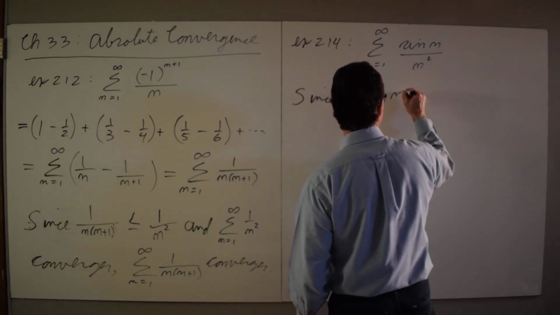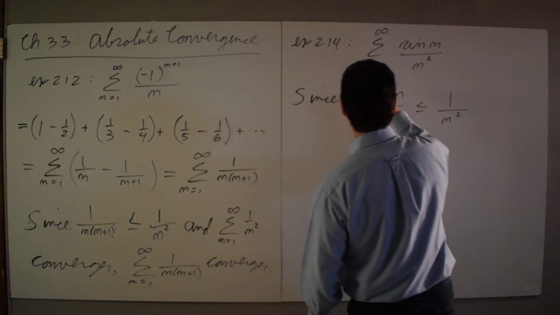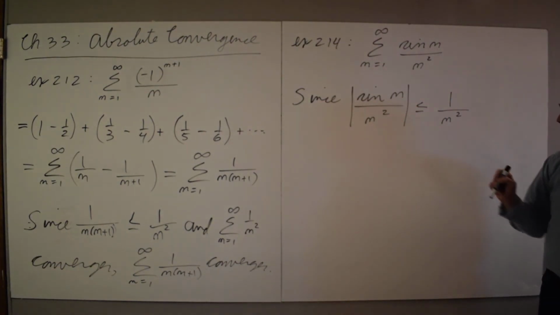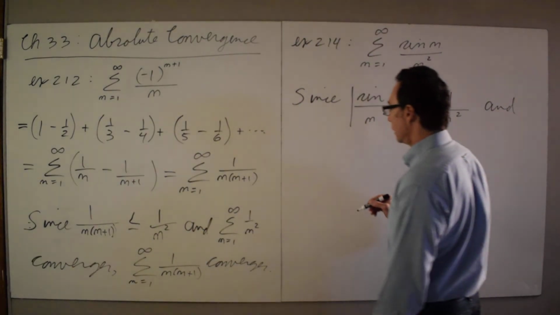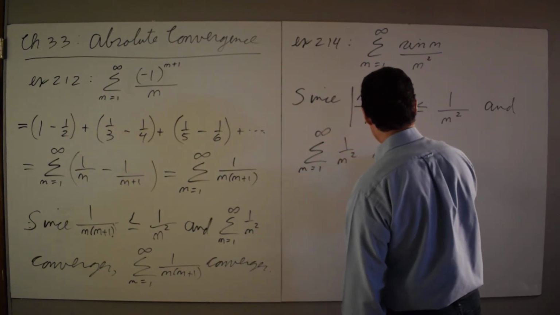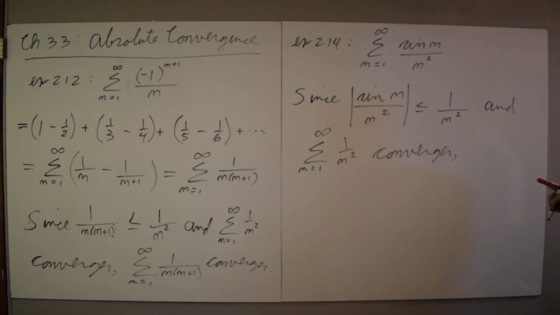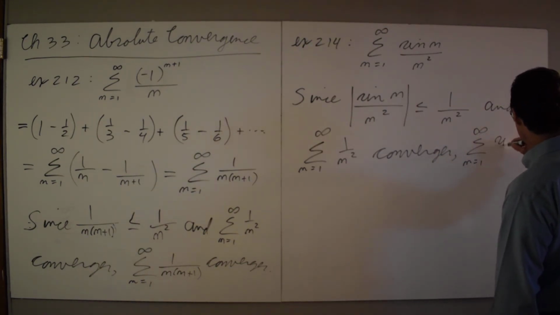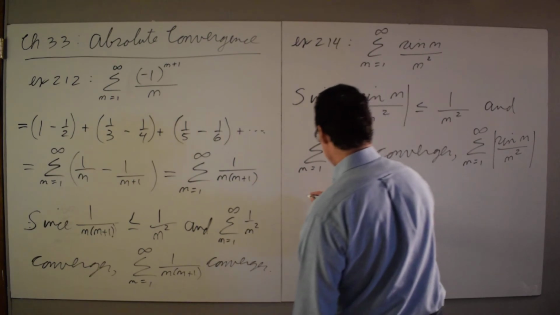Since the absolute value of sine n divided by n squared is less than or equal to 1 over n squared, and this series converges because it is a p-series with p equal to 2, the series n equal 1 to infinity of sine n divided by n squared in absolute value converges.